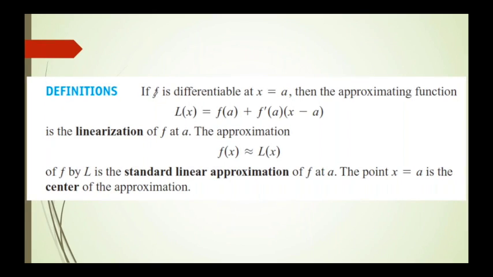As a definition, if f is differentiable at x equals a, then the approximating function L of x equals f of a plus f prime of a times x minus a is the linearization of f at a. And the approximation says that f of x is approximately equal to L of x.